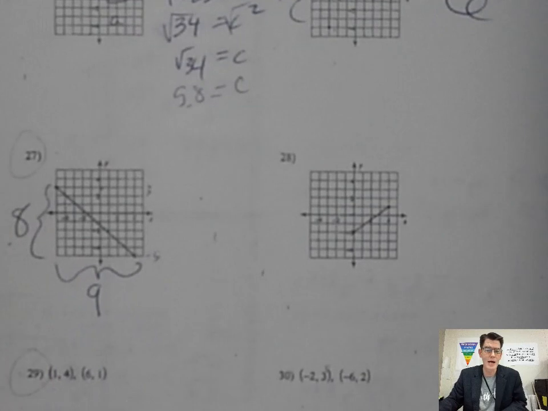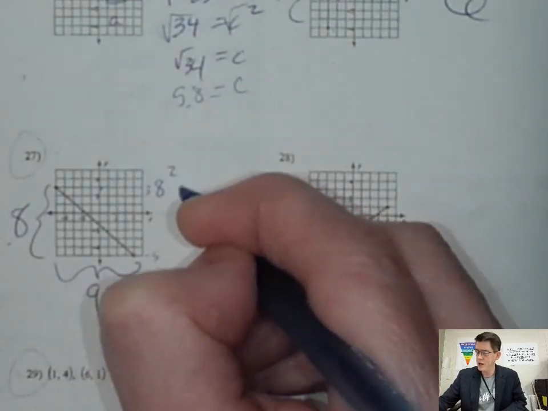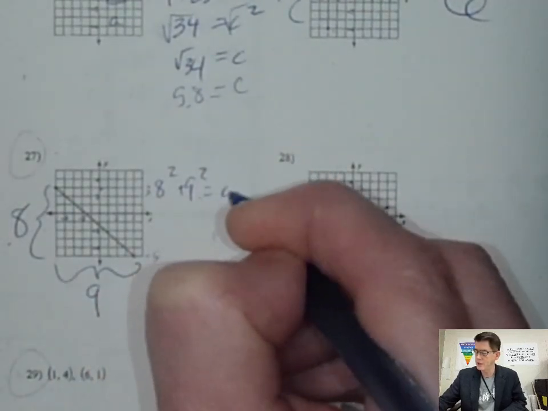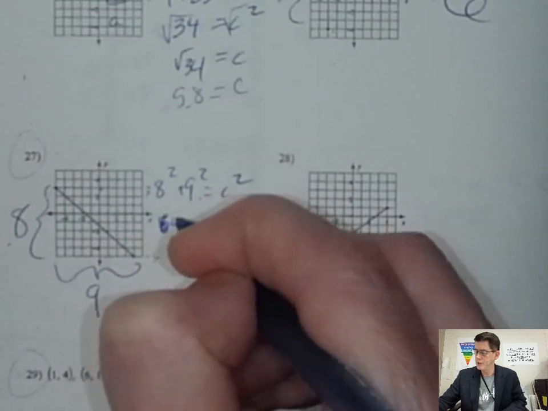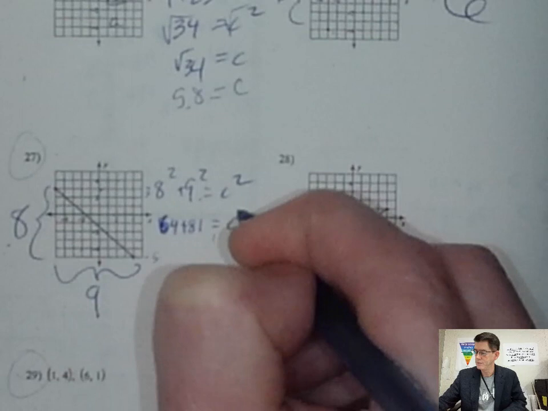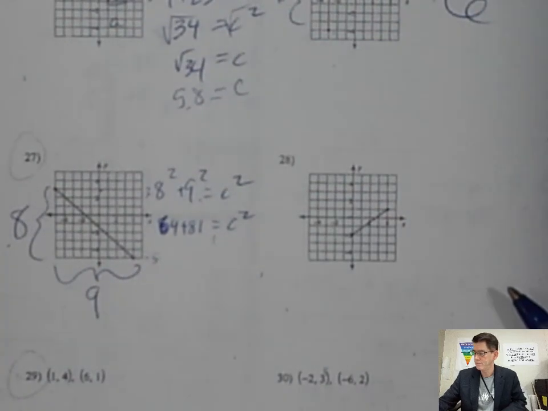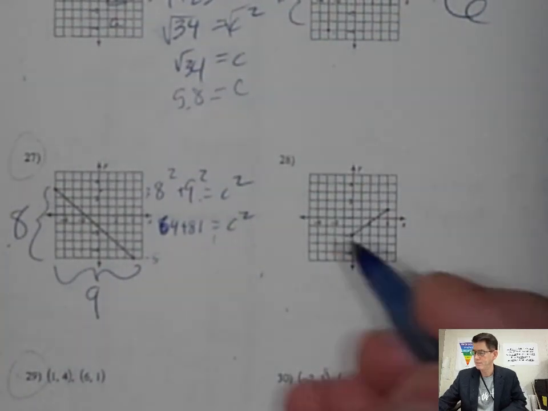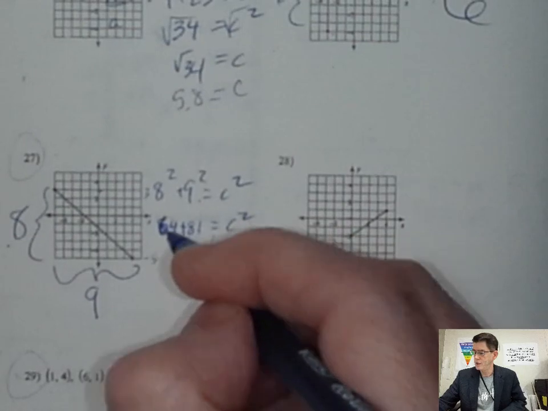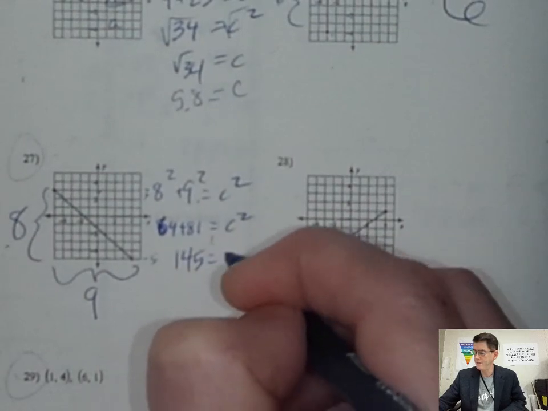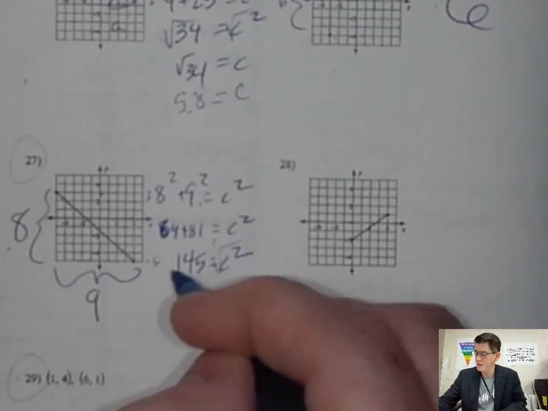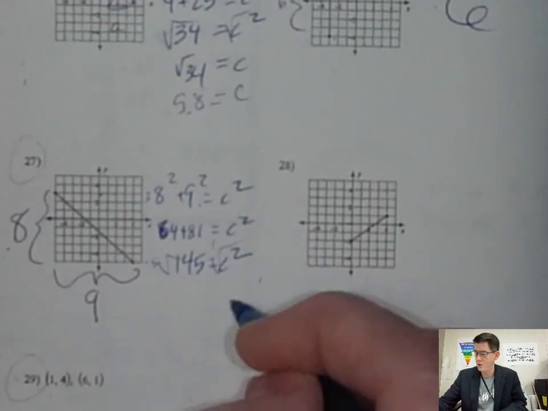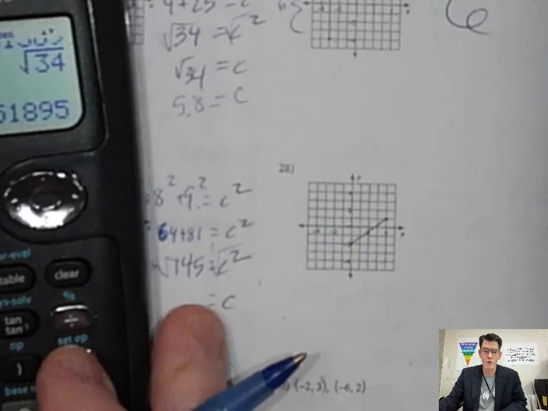Either way, you get what you need for 8 squared plus 9 squared equals the distance squared. 64 and 81 is c squared, which is 145. Well, take the square root of both sides. You know it's 12 something because 12 squared is 144. So c is 12 point what? 0?